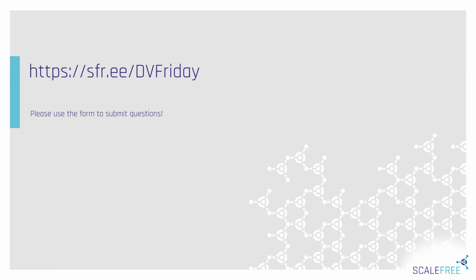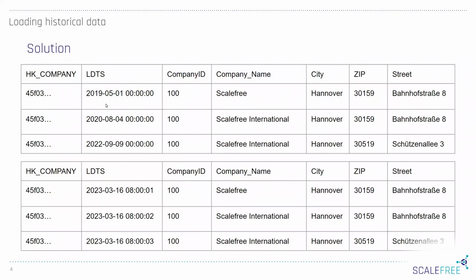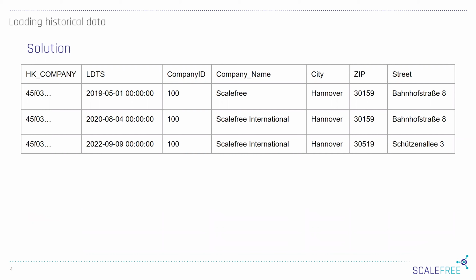In your case, the LDTS was overwritten, as I understood, with this loading, but is it possible to keep the original LDTS from, for example, the old data warehouse?